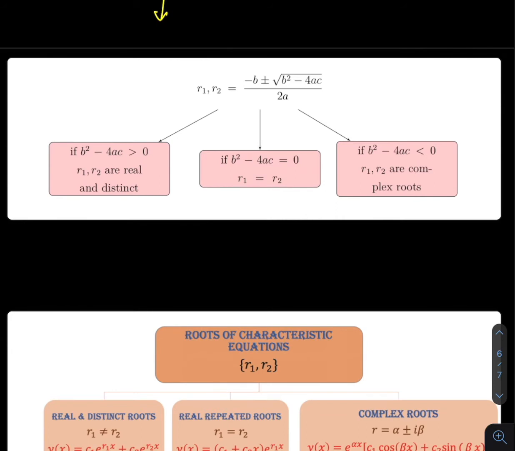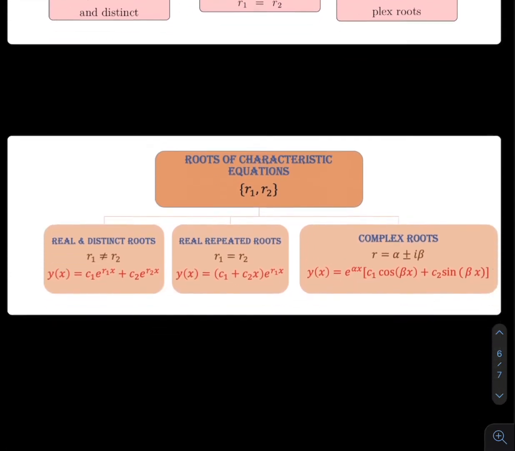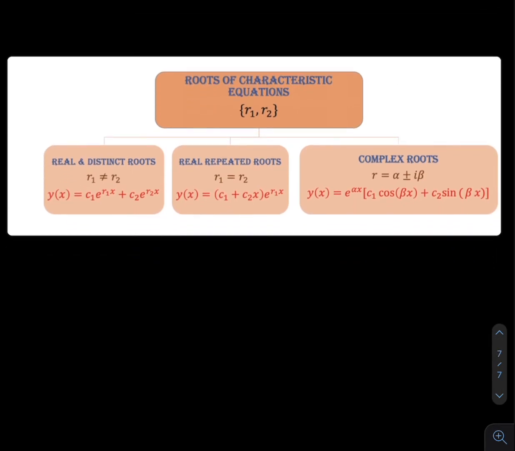If b square minus 4ac is positive, then r1 and r2 are real and distinct. If it is 0, we will get two same roots. If it is less than 0, we will get complex roots. And then we saw how to write the general solution in each case.